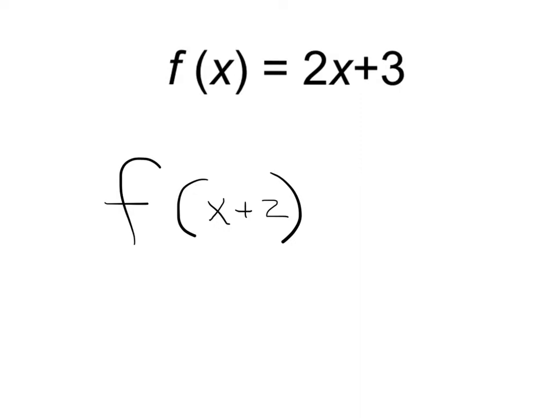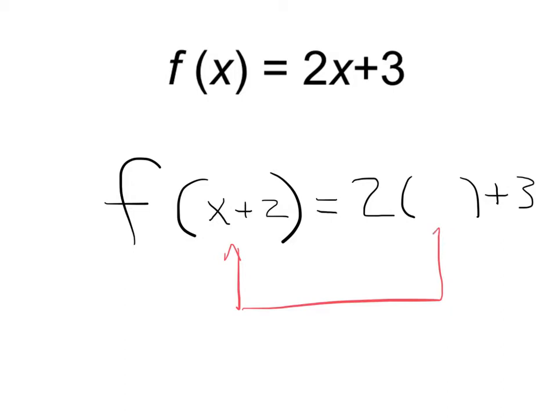Now, how does that play out when I look at the equation? Well, we know the way function notation works, the equation stays the same over here, except whatever is in the parentheses here gets plugged in for the x that was over here. So if I modify my argument by increasing its value by 2, I get an x plus 2 in my parentheses where the x used to be.